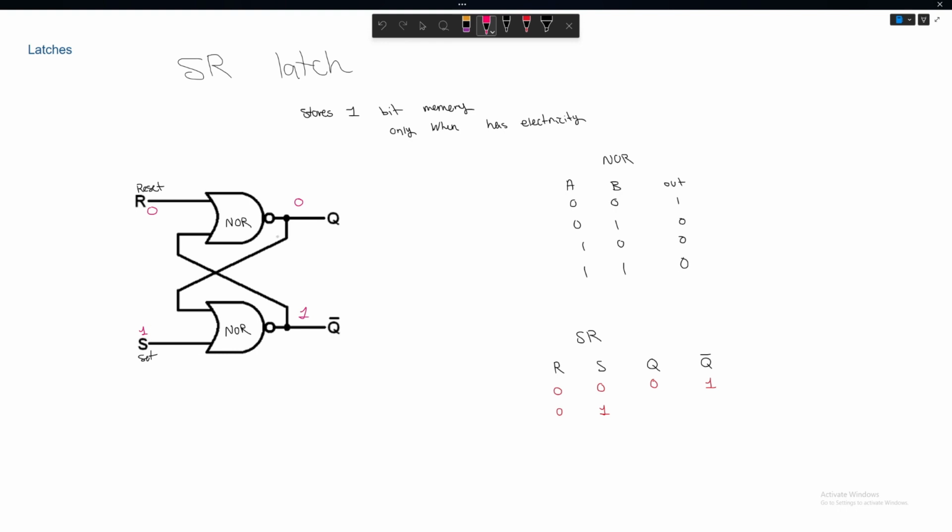But when this 0 is going through here, 1 and 0 is 0, right? And so now 0 goes through here. 0 and 0 gives you 1. And so this turns into a 1. And so as you can see now, my Q is 1 and my Q bar is 0. And you see these are always opposite each other. Always opposite.